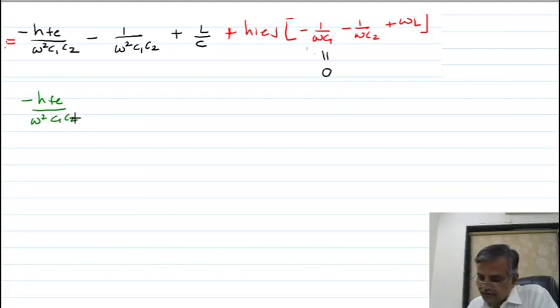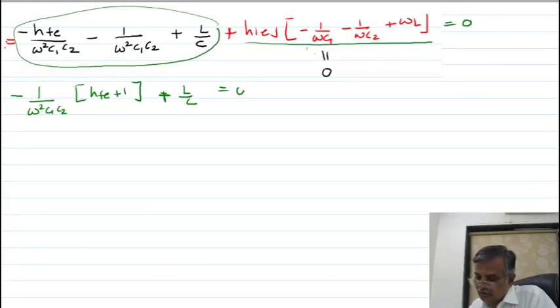So this is your 0. If this is 0, I have kept this value in this equation, so this should be equal to 0. Here I have taken this common, so inside it is HFE plus 1.